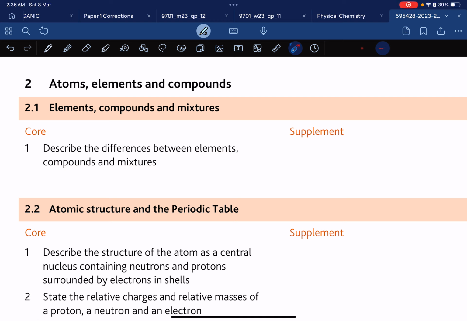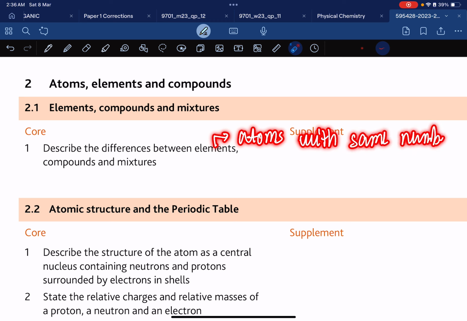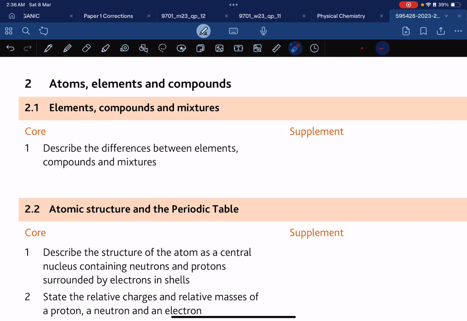Basically, elements are atoms with the same number of protons. The key phrase here is the same number of protons, because what differentiates one element from another is the number of protons within them. Then we need to know the difference between a compound and a mixture.